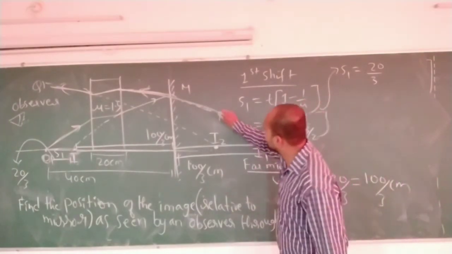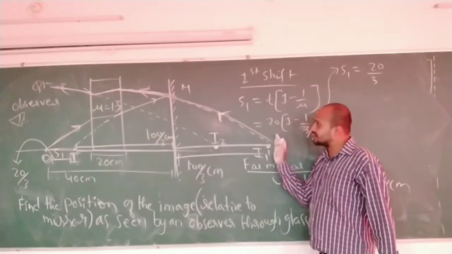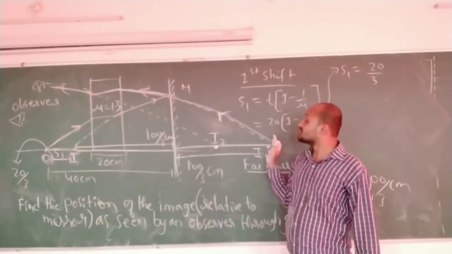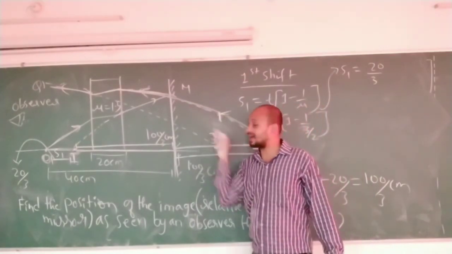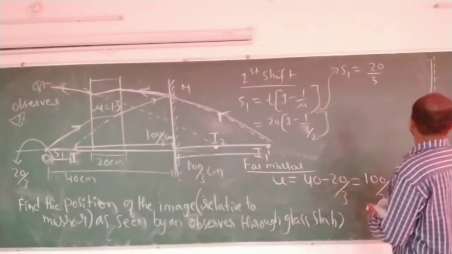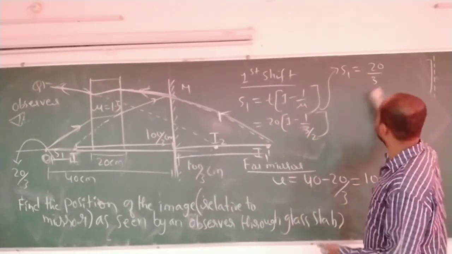So again you see the direction of shift. Object is here, traveling ray is here. So the shifting of the image takes place towards the direction of traveling. I must calculate this height for the second shift. Now this is for the first shift.